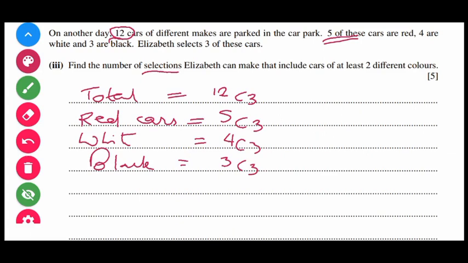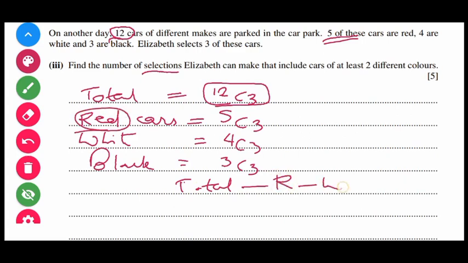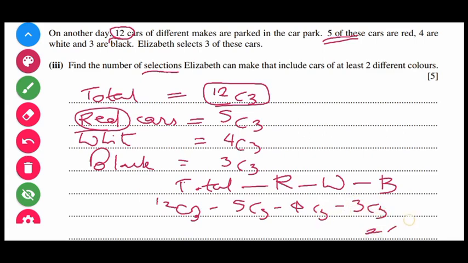So from the total selection, if you delete the selection of only red cars, white cars, or black cars, we get 12C3 minus 5C3 minus 4C3 minus 3C3. We get the answer for this question.